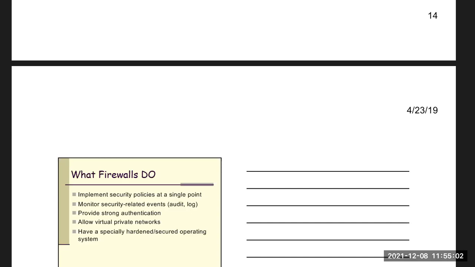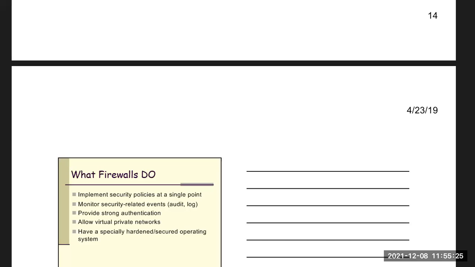That will be seen by the firewall. So it will track the activity and see all the logs related to events that are happening. If it sees anything malicious, it will stop that. That's why it is used for monitoring security related events.